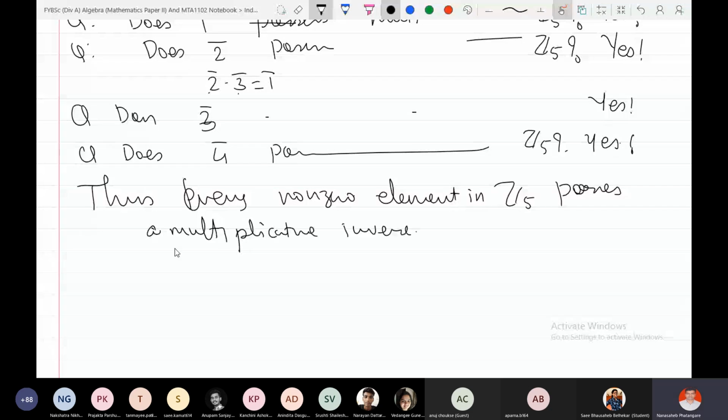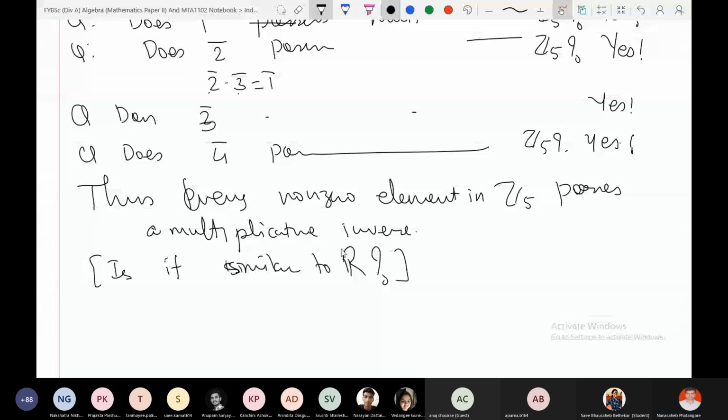And this is similar to real numbers. Every non-zero real number possesses a multiplicative inverse, right?